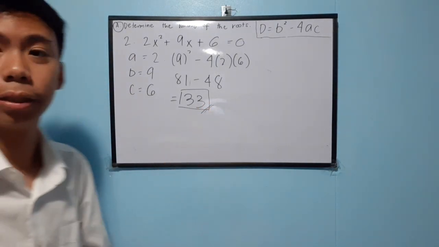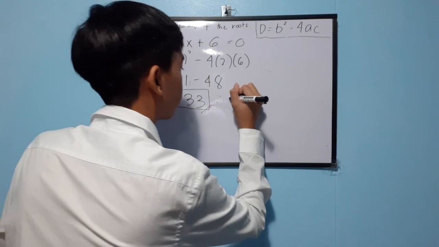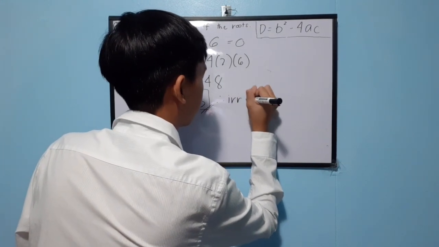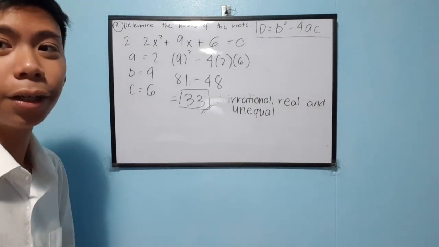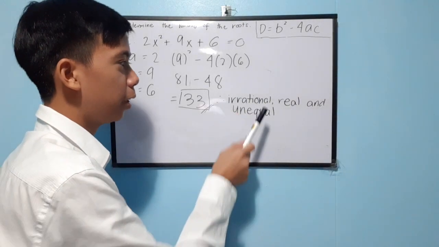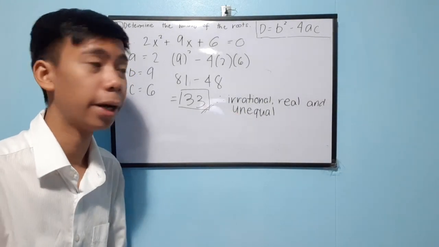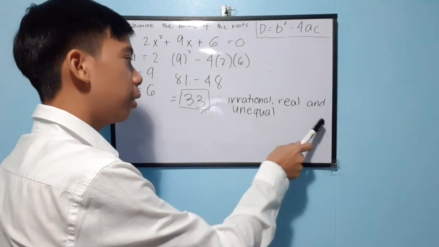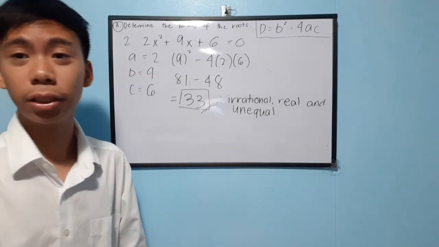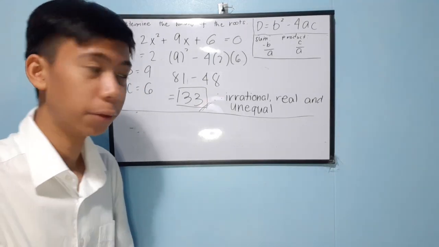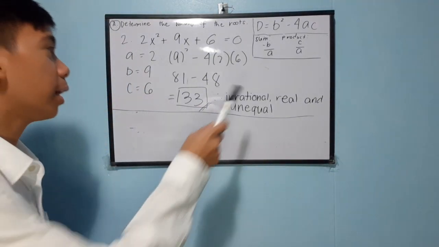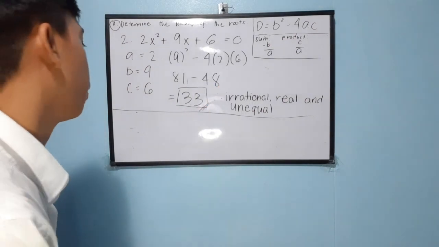Now let's determine the nature of the roots. So now 33 is irrational because it's not a perfect square. It's real and unequal because it is greater than 0. And now for the second part of this example, you need again to find the sum and the product of the roots.